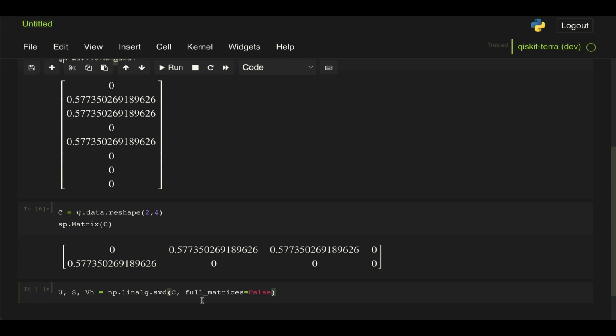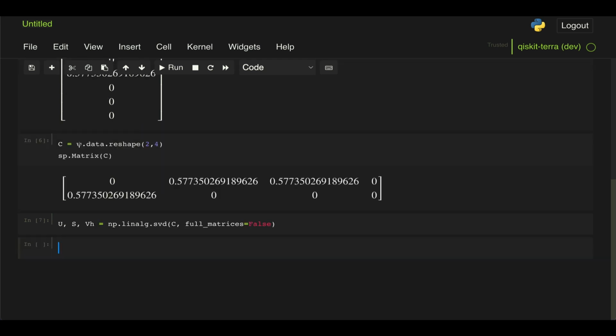So by setting full_matrices to False, all we're doing is ignoring all those components that are equal to 0. It's just going to give us matrices of the same size where we have truncated all the terms that will be multiplied by those zeros.